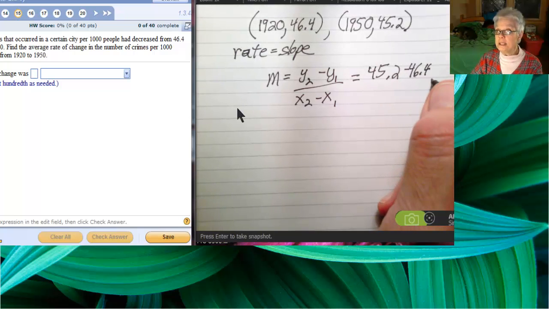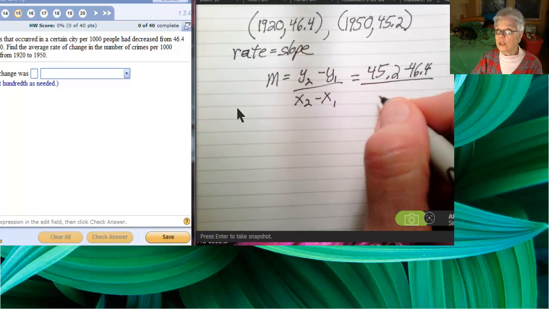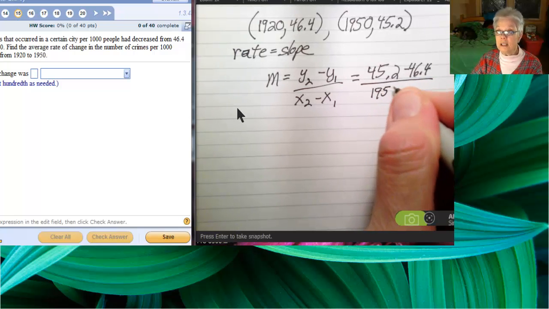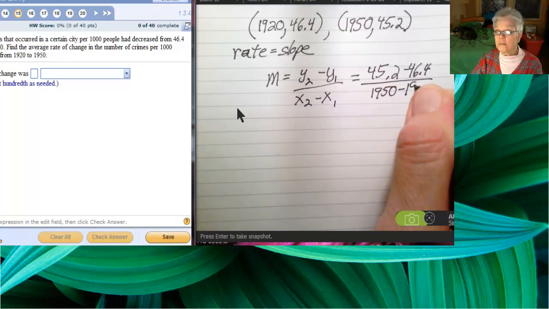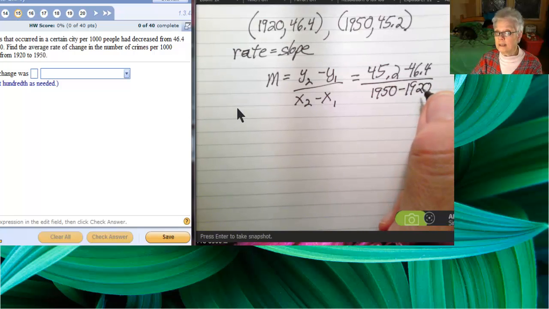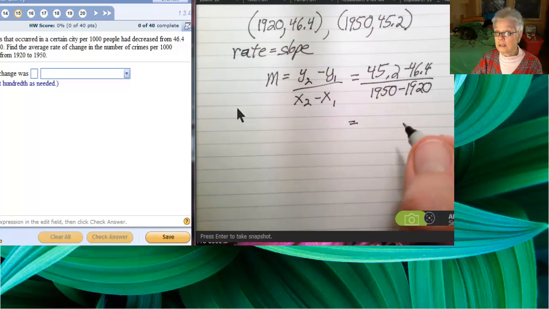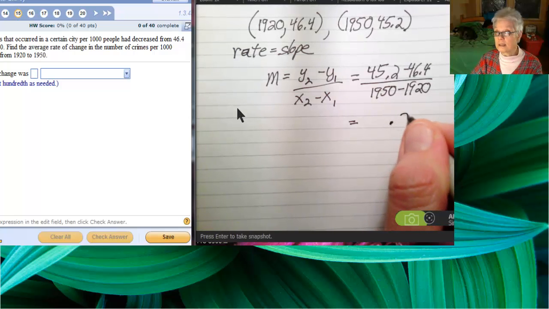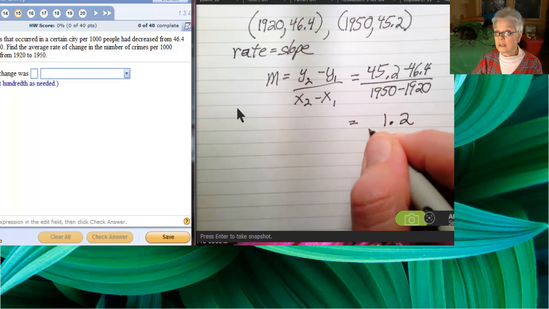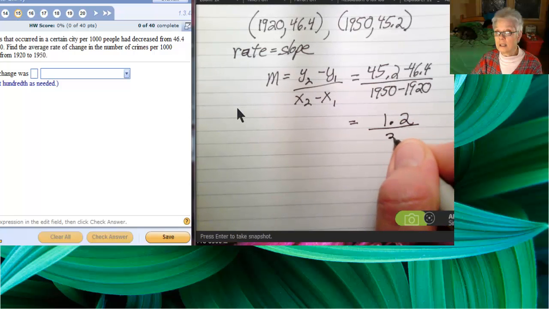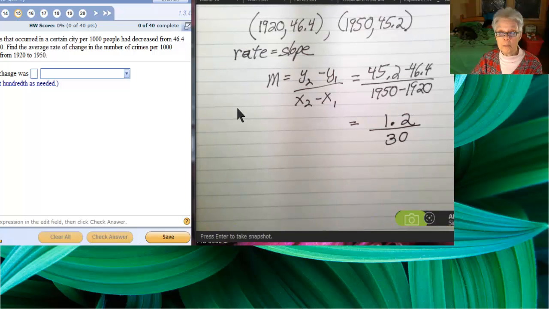45.2 minus 46.4 over 1950 minus 1920. And that will give us negative 1.2 over 30.